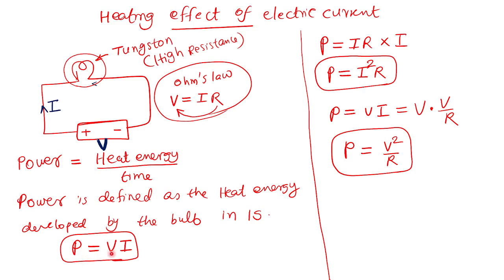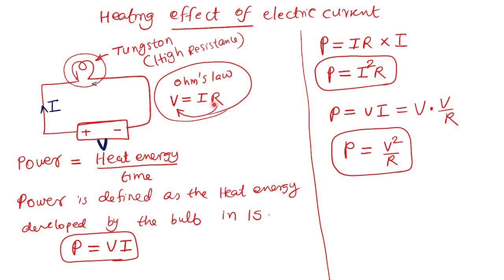So power has the formula V into I. Let us learn without any proof. Power is equal to V into I, voltage into current. And in three ways we can write the formula of power. We studied Ohm's law that V equal to IR, where R is the resistance of the bulb. The bulb will have certain resistance.